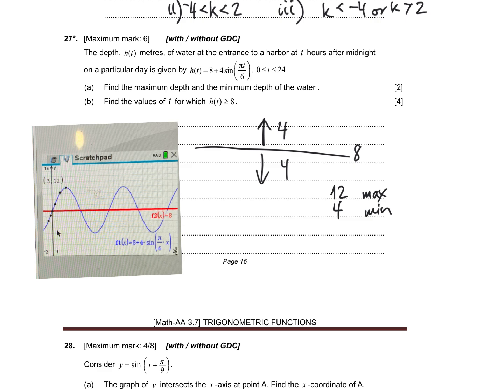And then this red line is 8. So the values of t for which the function is above 8 is going to be here. So we need to find from here to here, and then from here to here, and then from here. So we need to find all 5 intersections, and that's the answer.